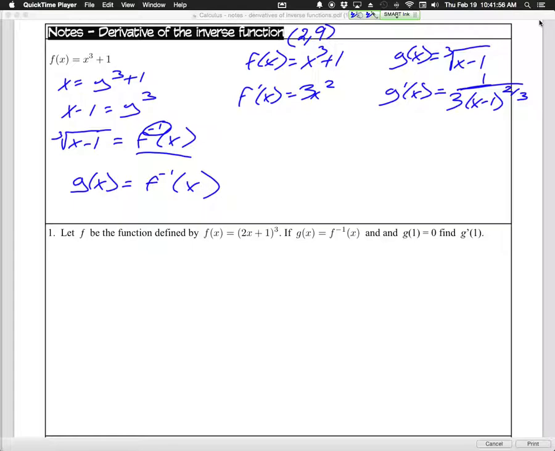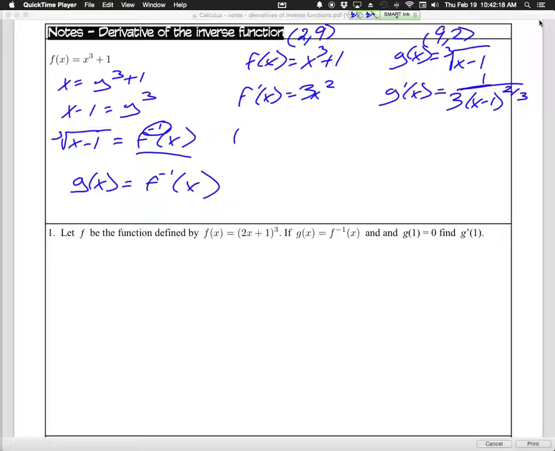Now, if 2, 9 is an ordered pair of f, what is an ordered pair of g? 9, 2. Why? Because they're inverses, and x and y are switched.